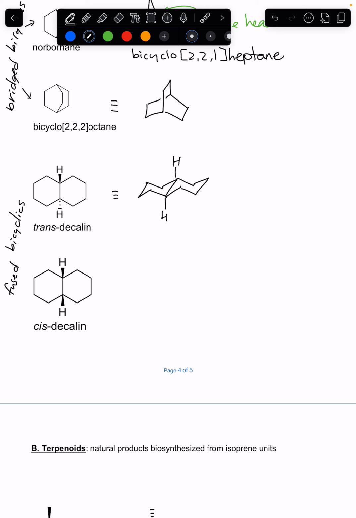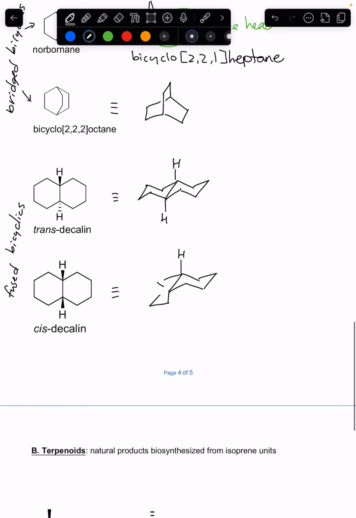Now cis-decalin is a little bit harder to draw. So here's the top hydrogen. I should probably draw it like so.